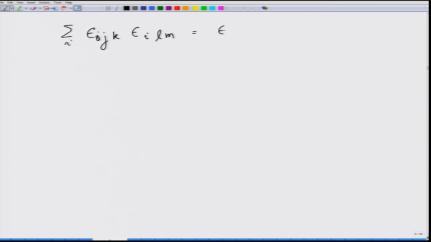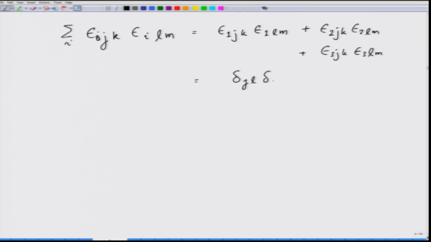That means, if I take epsilon 1 j k epsilon 1 l m plus epsilon 2 j k epsilon 2 l m plus epsilon 3 j k epsilon 3 l m, and I am summing over i, it is going to be equal to delta j l delta k m minus delta j m delta k l.